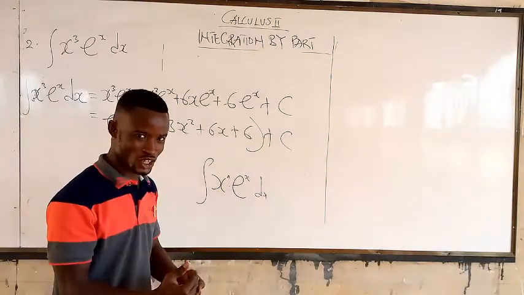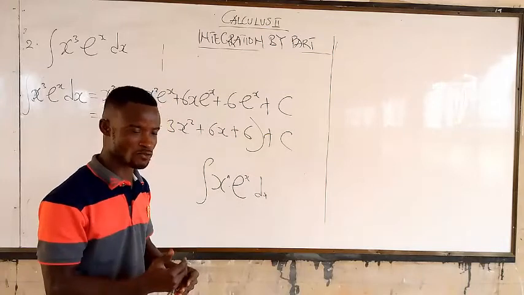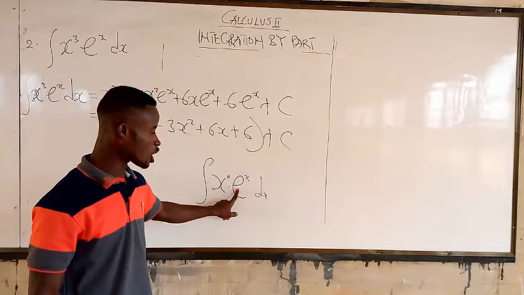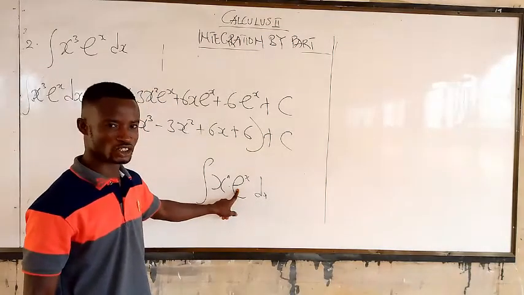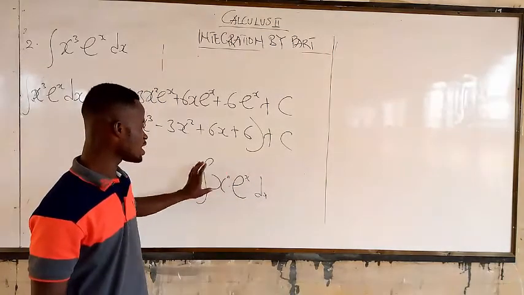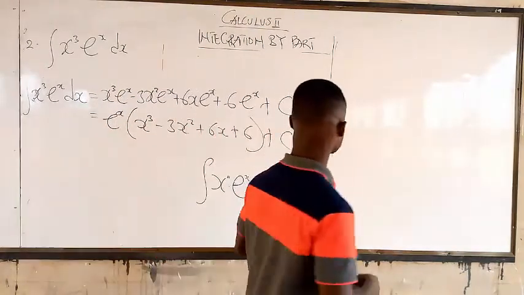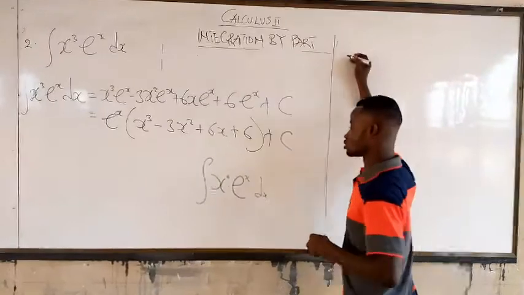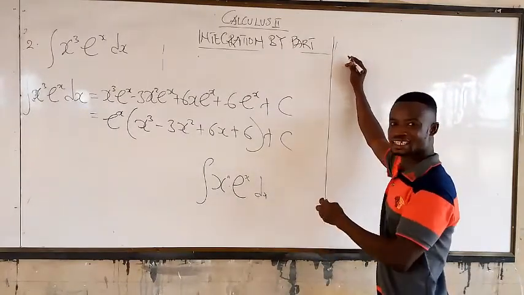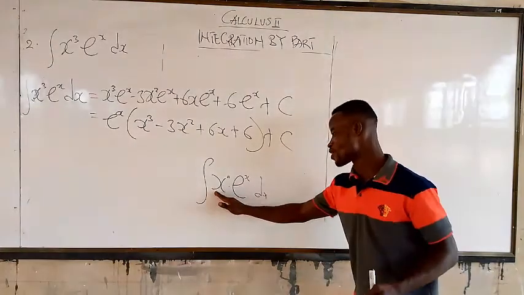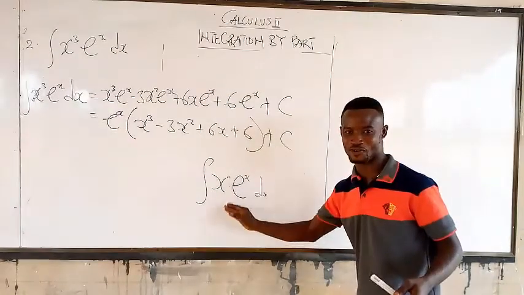Please take note of this generalization for me. Anytime a polynomial meets with an exponential function, which is also a function, u is the polynomial, then the v is everything else. Don't forget that concept. Sorry, I said natural log. Exponential function. When a polynomial meets exponential function.